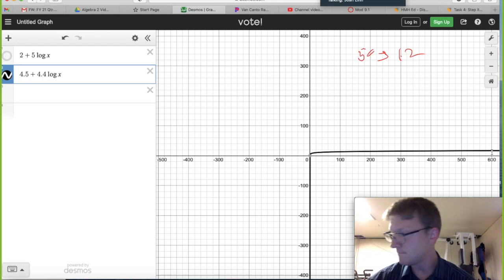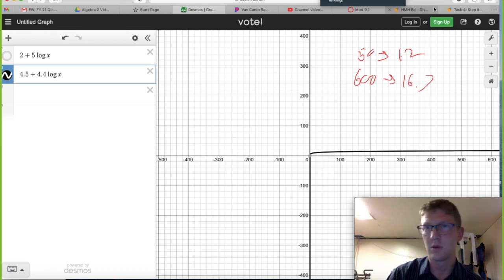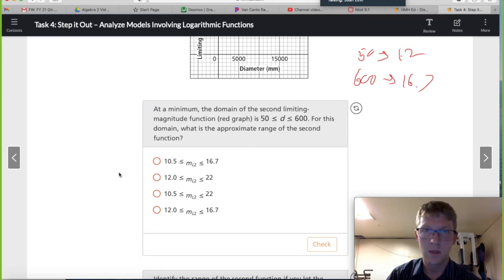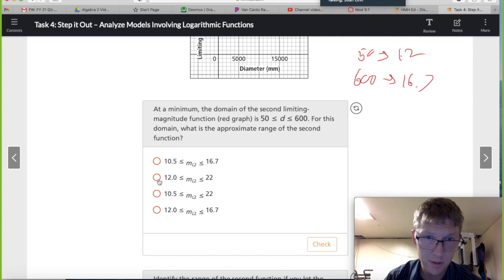That's 16.7. So what do we got here? For the domain, what is the approximate range of the second? So we said 12 to 16.7.